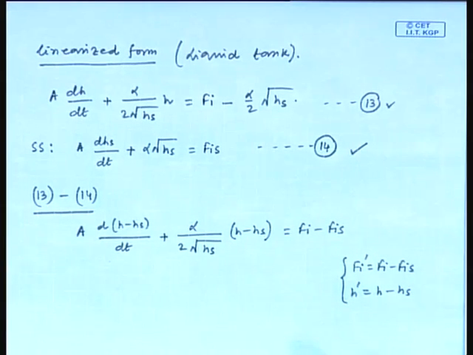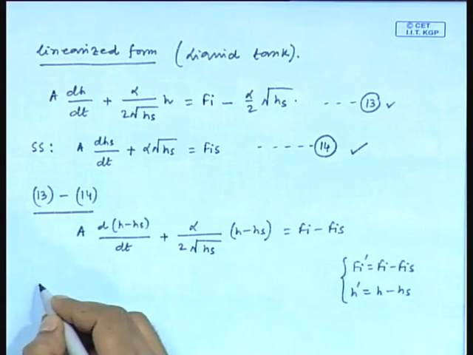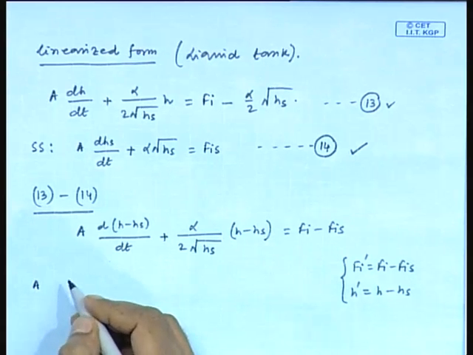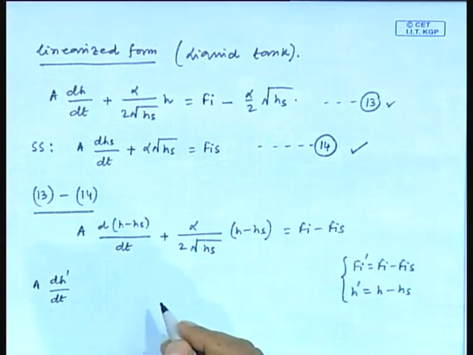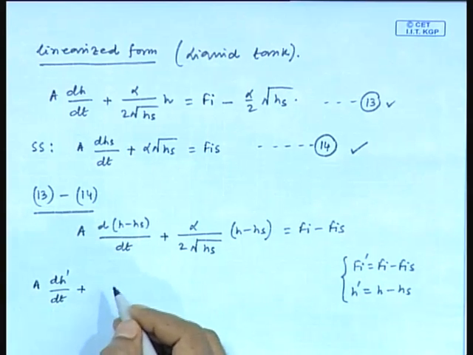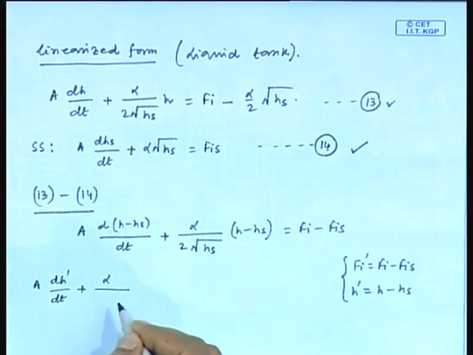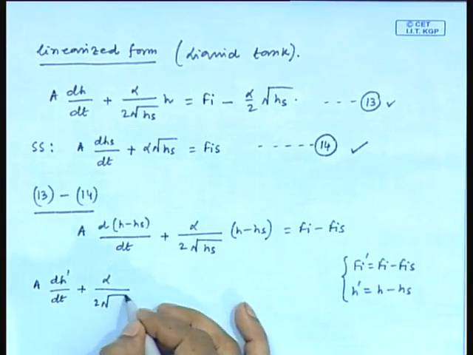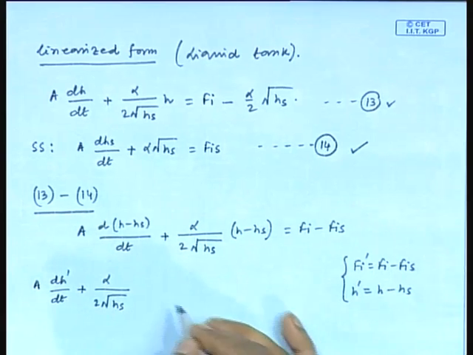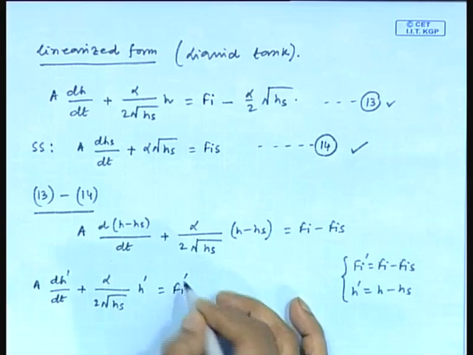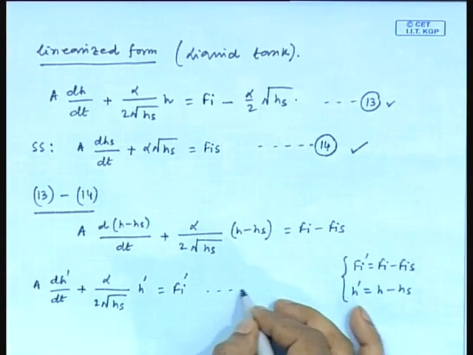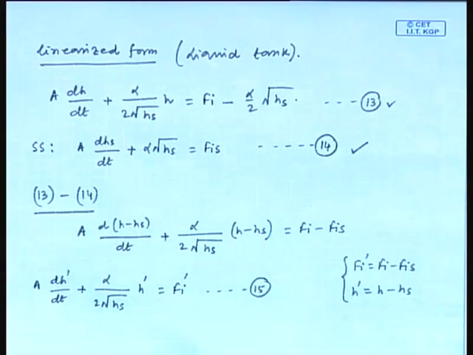Now, if we write the above equation in terms of deviation variables, we finally get A dh prime dt plus alpha divided by 2 root hs times h prime equals Fi prime. This is, suppose, equation number 15.